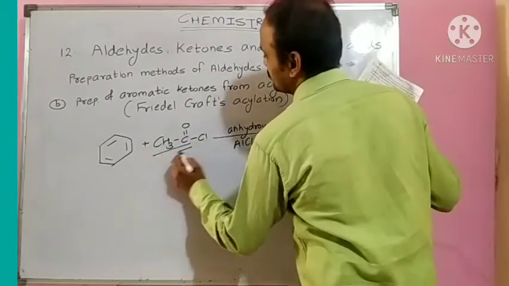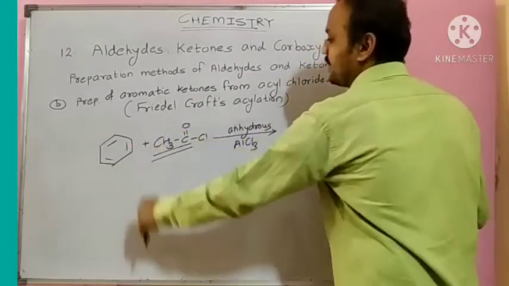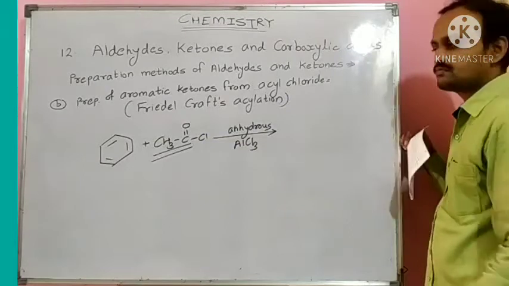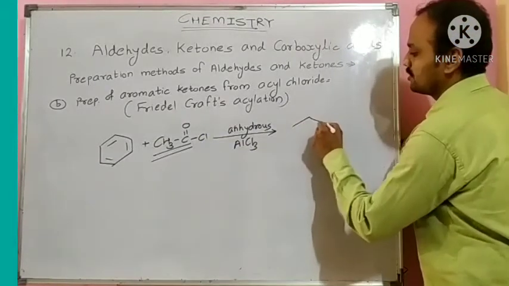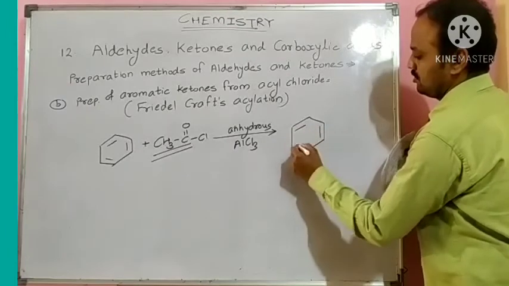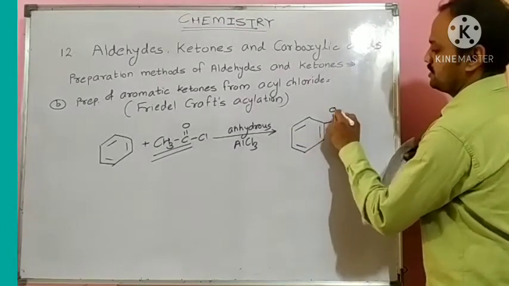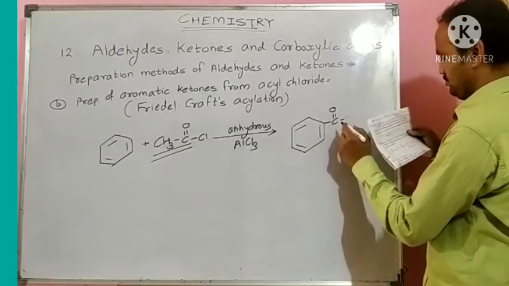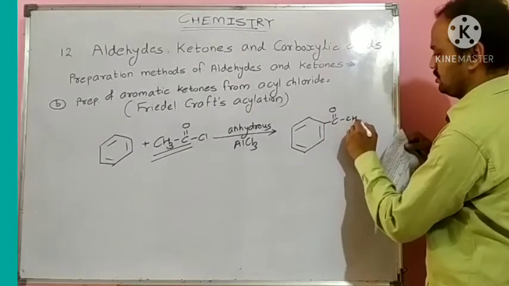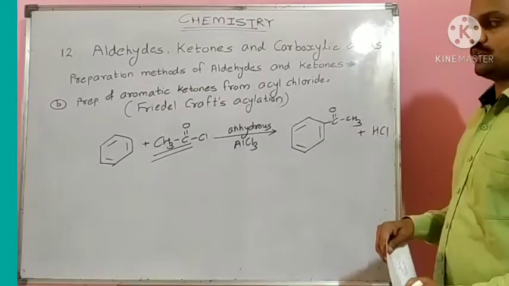The acyl group replaces hydrogen of benzene and we get benzene ring with C double bond O CH3, plus HCl as the byproduct.